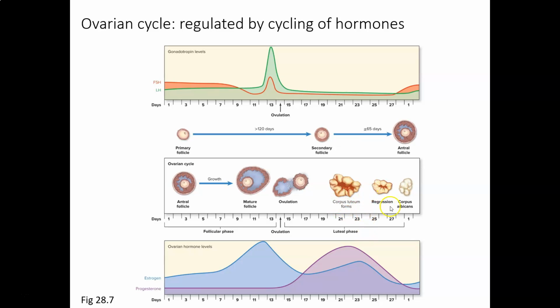Then this corpus luteum is going to regress, and so you have a drop of the sex hormones, and the drop of the sex hormones takes away the inhibition effect on the pituitary hormones. Then at the very end, you start to have the increase of the pituitary hormones, which triggers another follicle to start to develop, right? And so you enter another ovarian cycle.